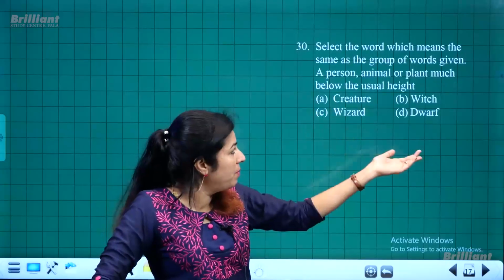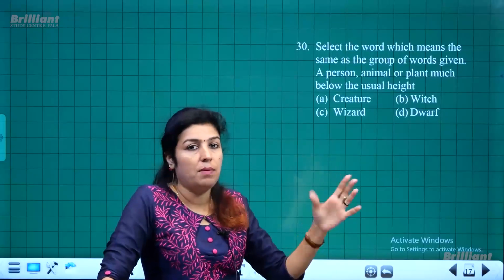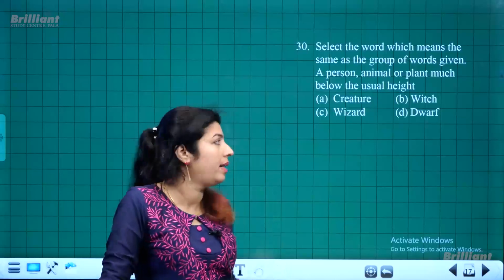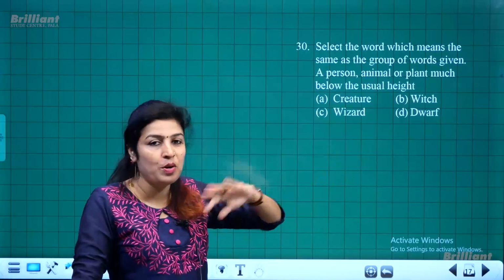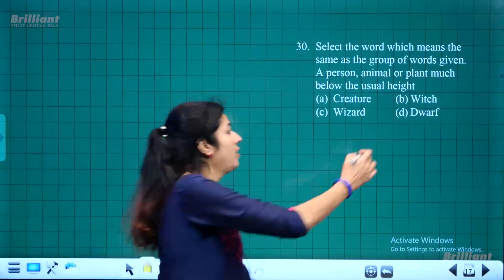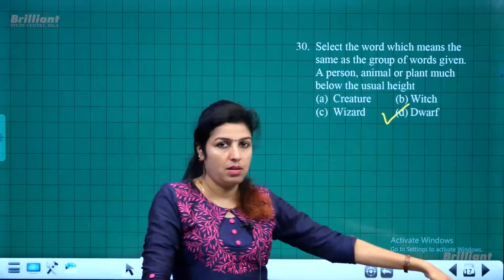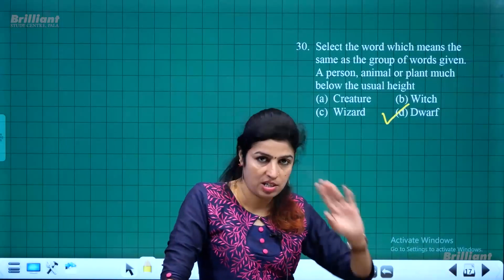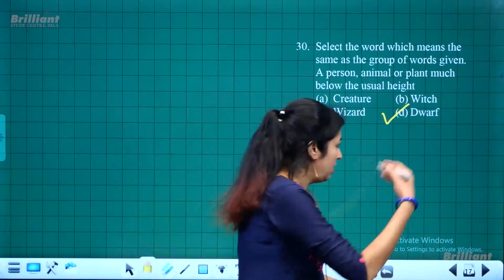It could be of animal or plant or person, and when they are below the required height, what do you call them? Creature? No. Witch or wizard has got no connection with the word but dwarf. You're familiar with this word, I guess. Dwarf means what? The person stunted in growth, stunted in height. Okay, so dwarf is the exact word. It was simple.